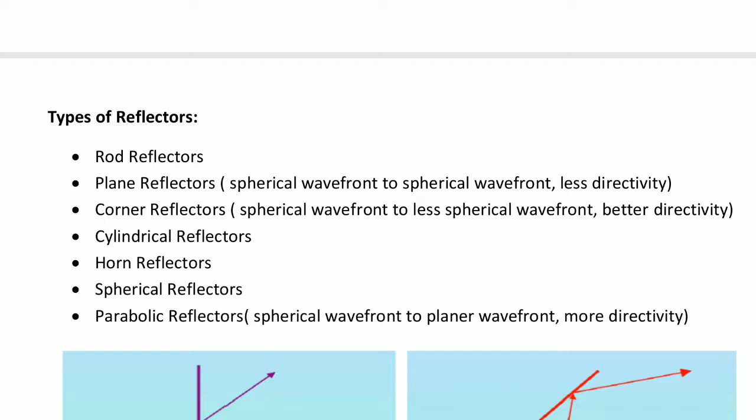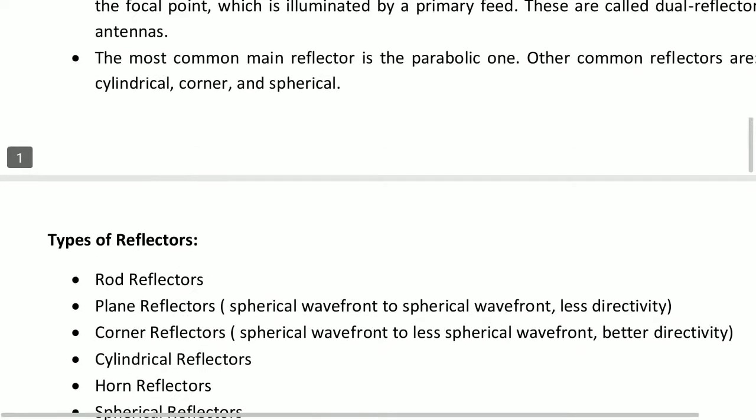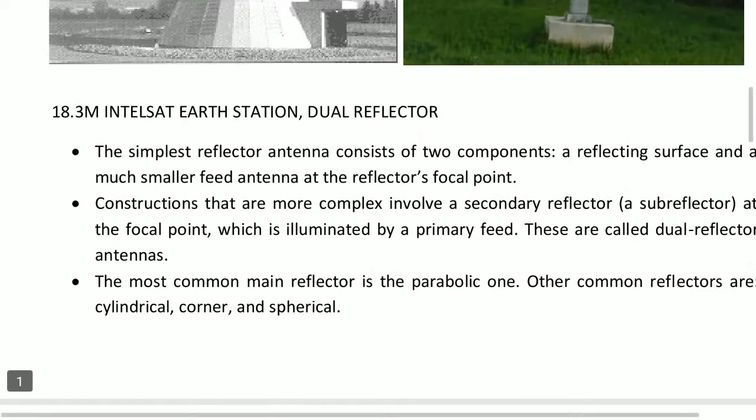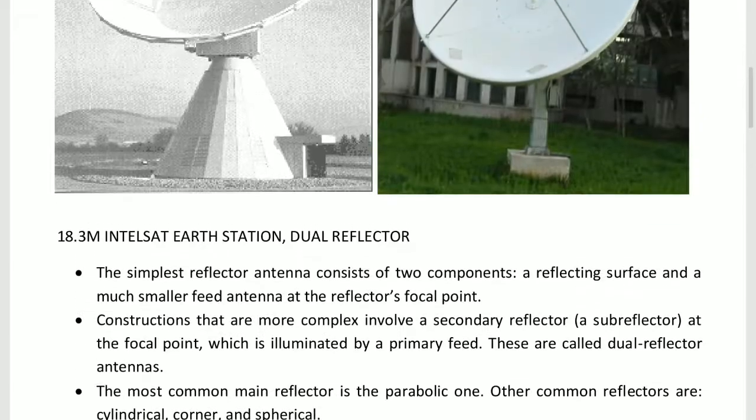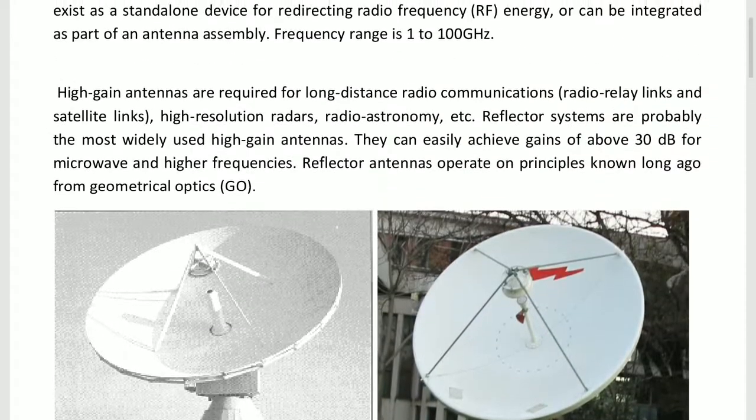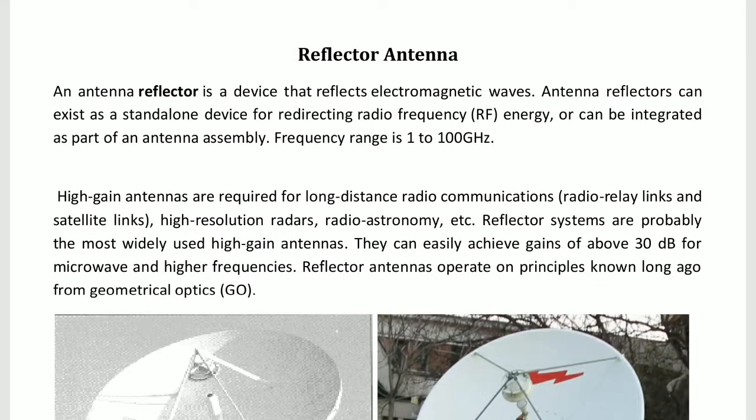So before moving to the brief description of rod reflectors, plane reflectors and corner reflectors, I want to quickly review the basic description of reflectors. In the last lecture I described the types of reflectors, also its basic description and salient features of reflectors.